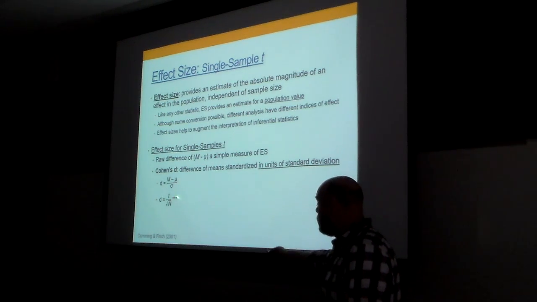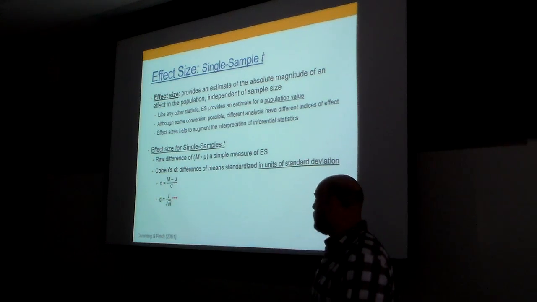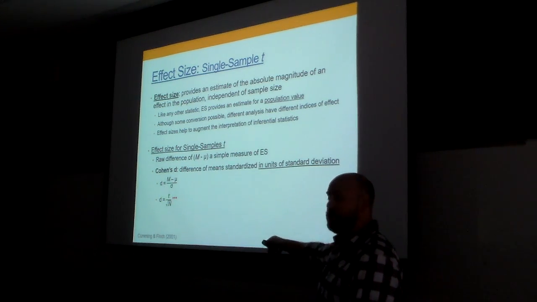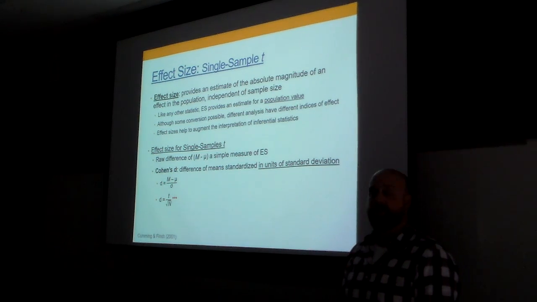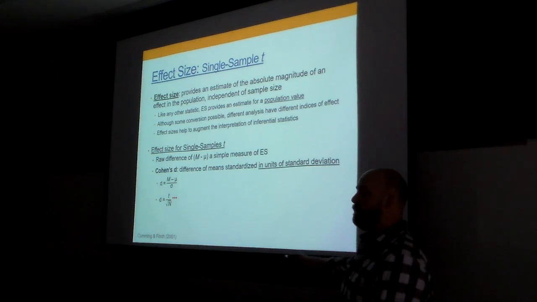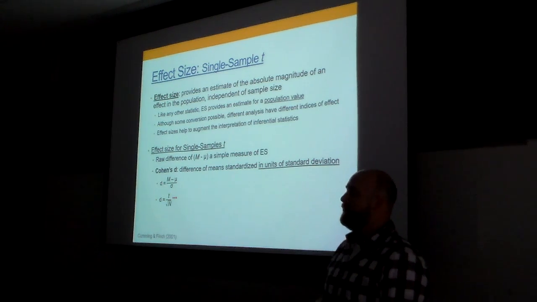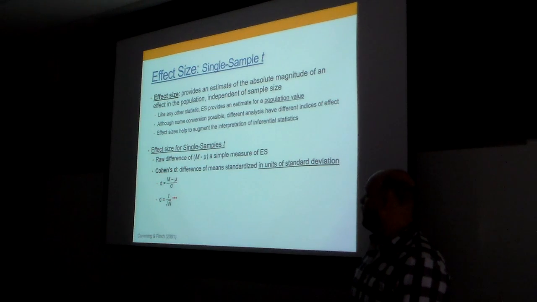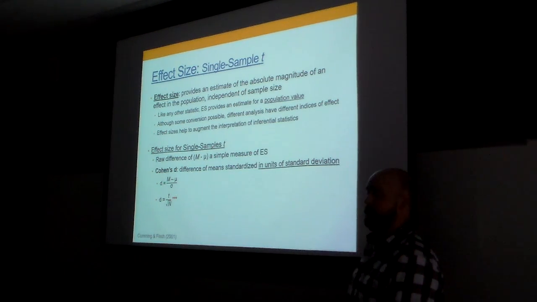Other thing we can do is calculate an estimate of D directly by taking our T, our test statistic, and dividing by the square root of our sample size, right? For a 1 sample test, I can take my test statistic divided by the square root of n. That gives me an estimate of my effect size D, okay? Now you see asterisks here.